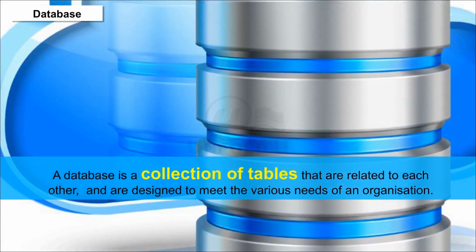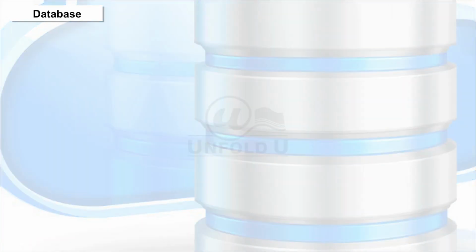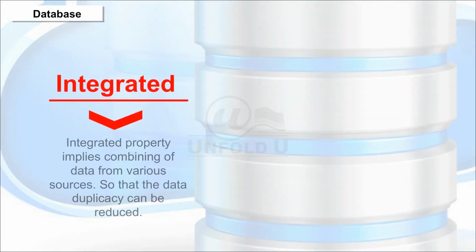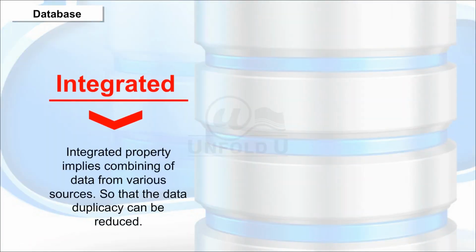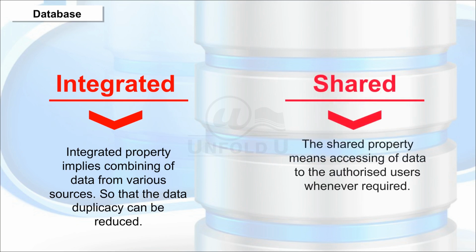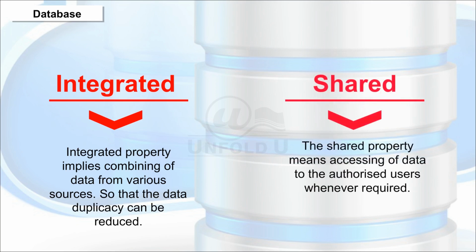It has two important properties. Integrated. Integrated property implies combining of data from various sources so that data duplicacy can be reduced. Shared. The shared property means accessing of data by authorized users whenever required.